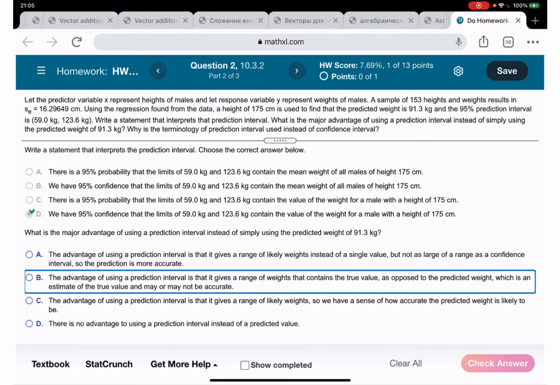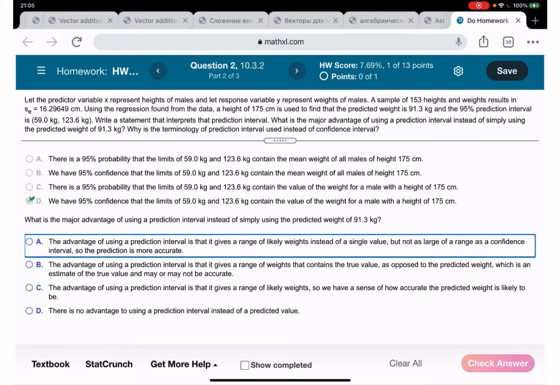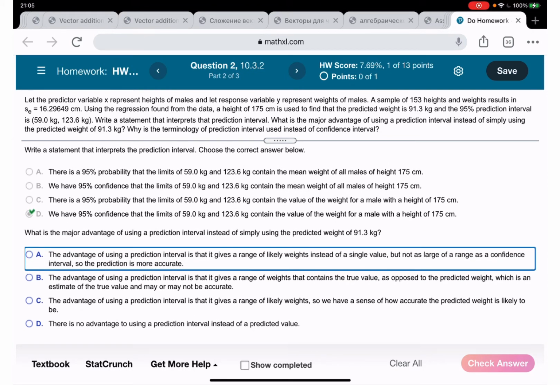The advantage of using a prediction interval is that it gives a range of likely weights.